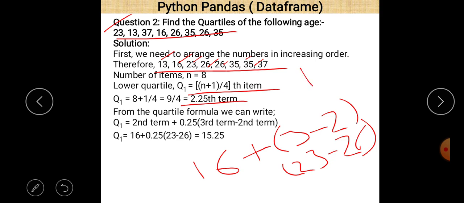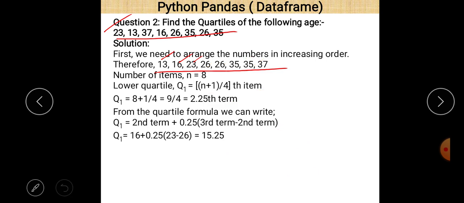Then we multiply the value by 0.25 also. So minus 3 into 0.25, and the final answer is 15.25 here. So that is the calculation regarding that. Always remember that.